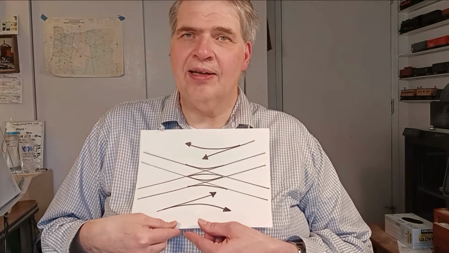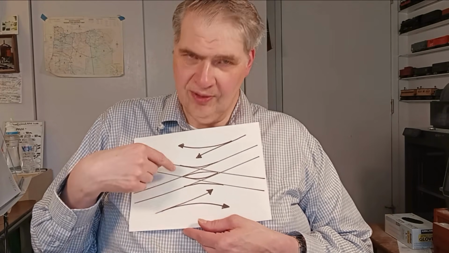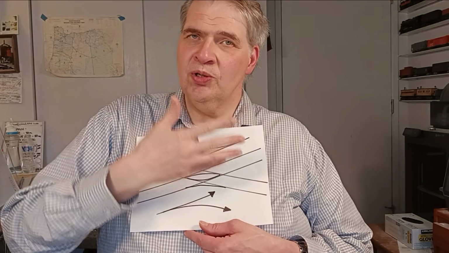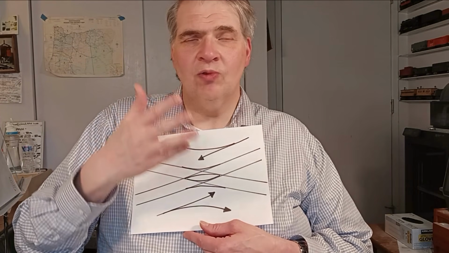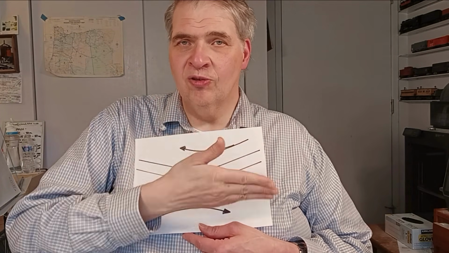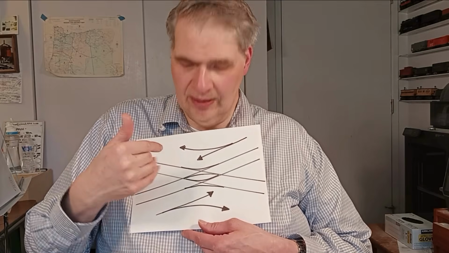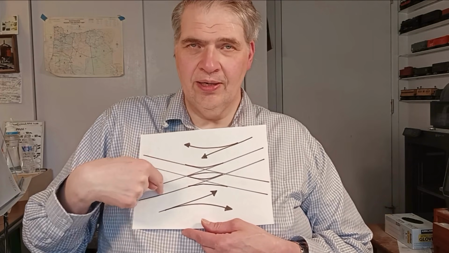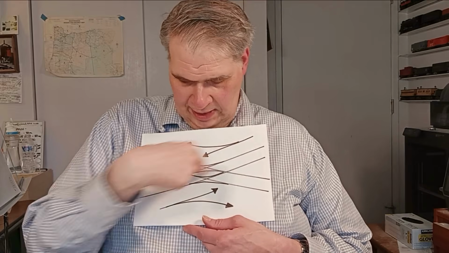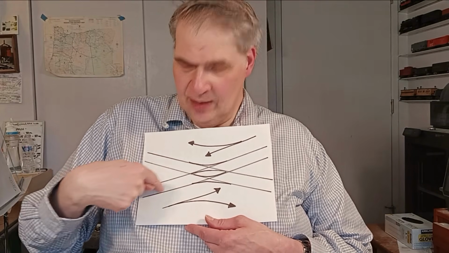So I'm going to show here what a puzzle turnout is. Double slip. These are two switches laid on top of each other, which will allow movements both from a through movement and a turn type movement. So here I have it illustrated for just one track. For this track here, a train can come up on this track.